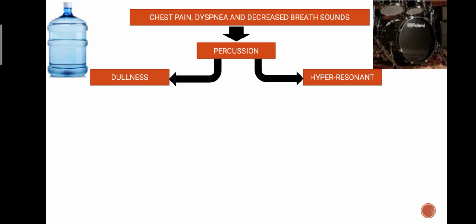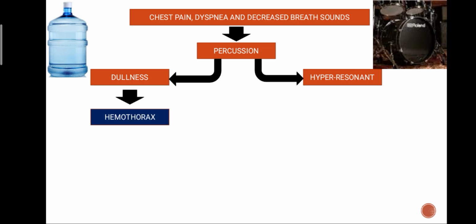The dullness is basically due to some fluid inside the cavity, and the hyperresonant sound is because there is air inside the cavity. Now let's relate these examples to a human chest.